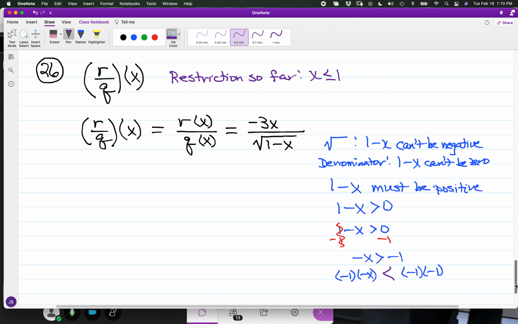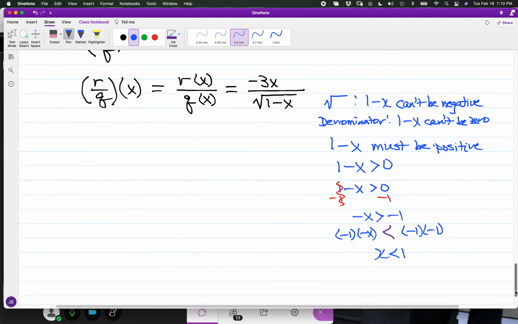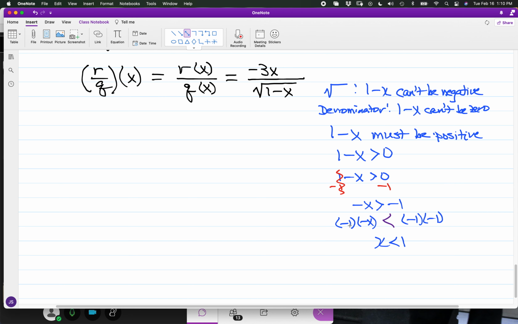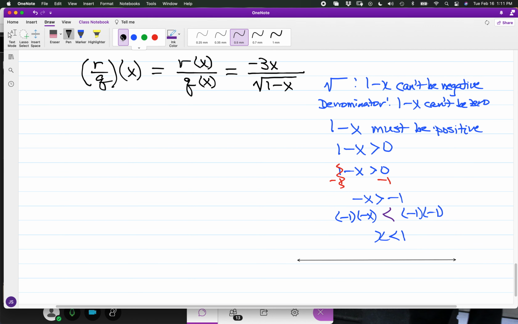And so in this case, we're going to have x is less than 1.